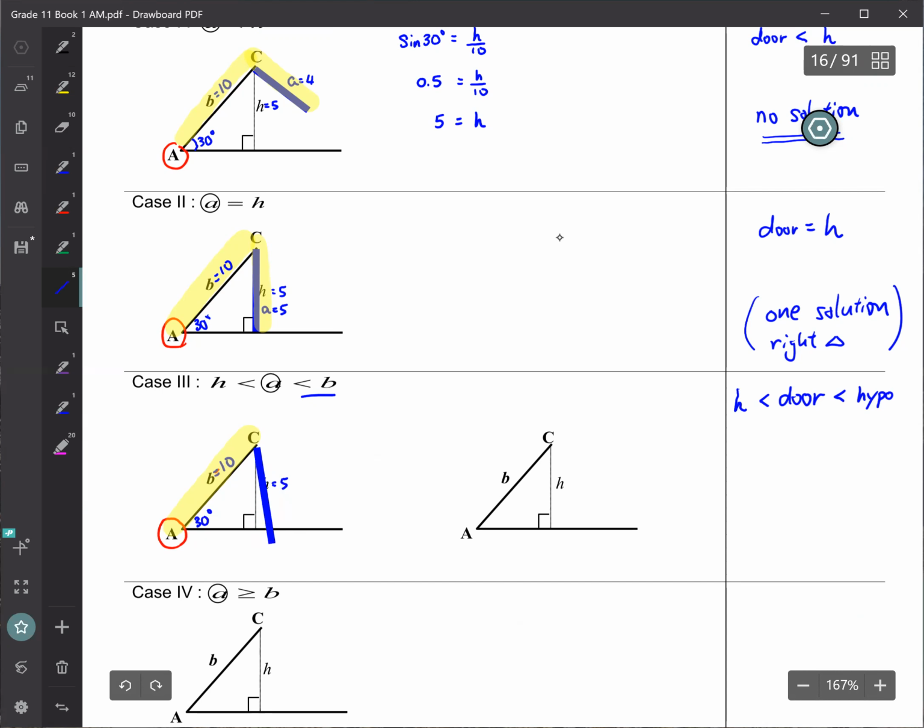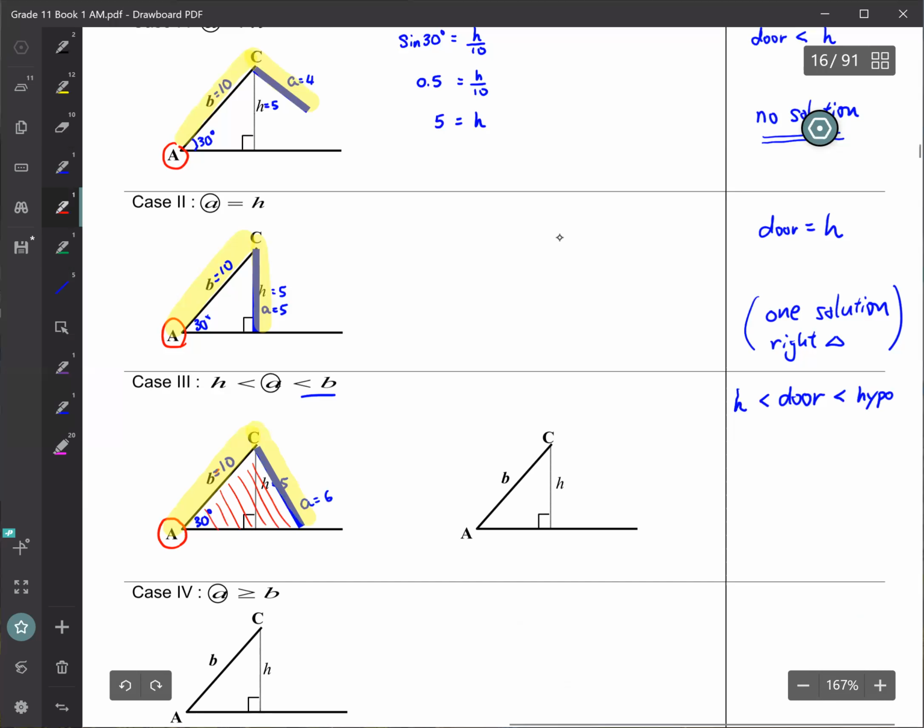So I need to move it so it can just touch the ground. So this side is A. A will be 6. So you get the side over here, then you get this triangle.